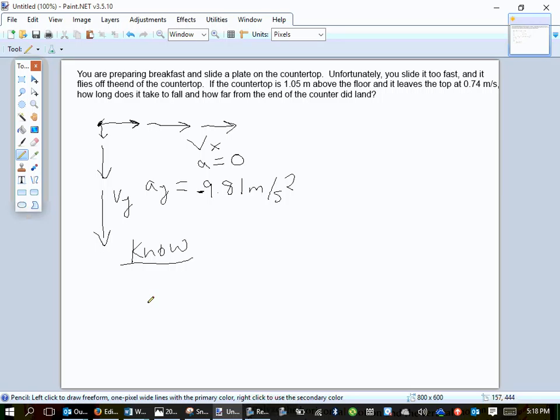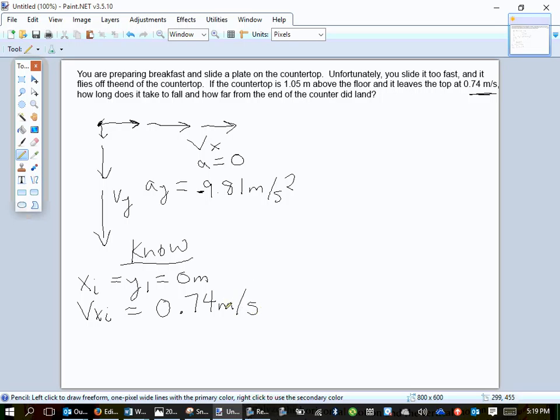Some of the things that we know is the original position in the x direction and the original position in the y direction is at 0 meters. We know that our velocity in the x direction initially is 0.74 meters per second.